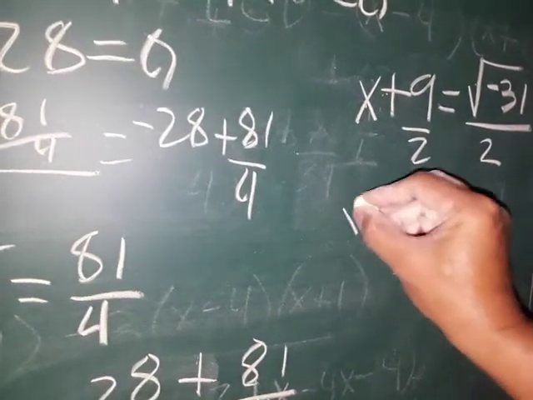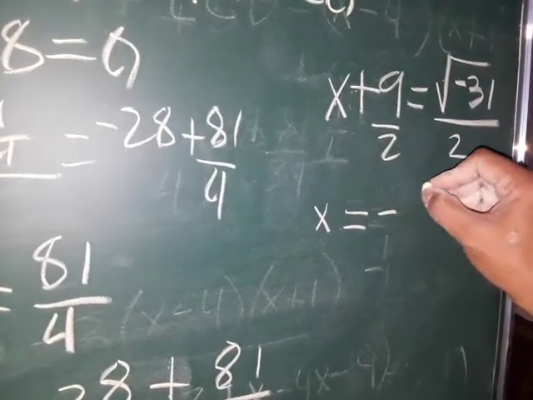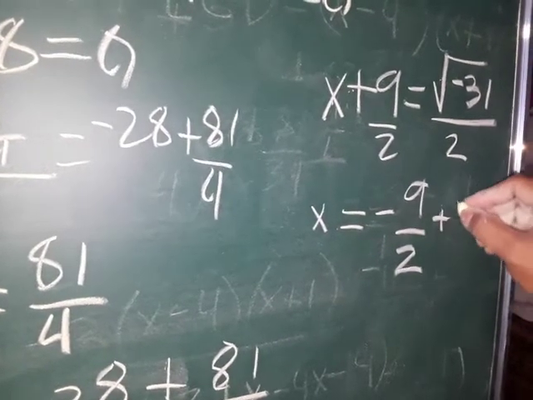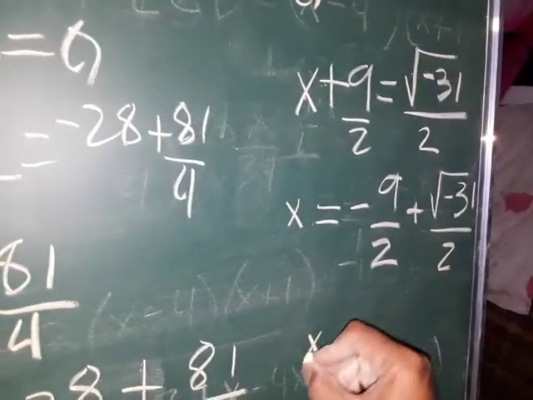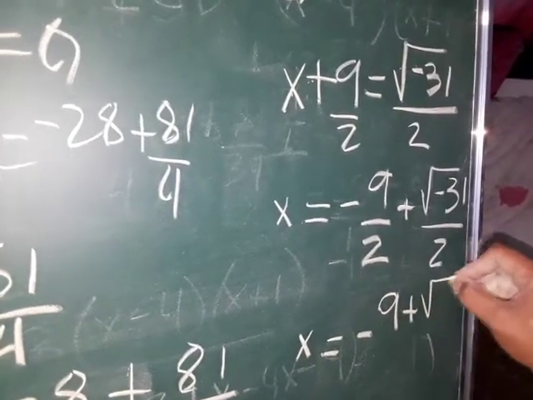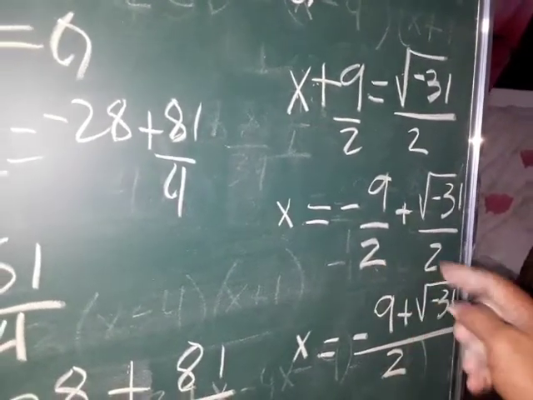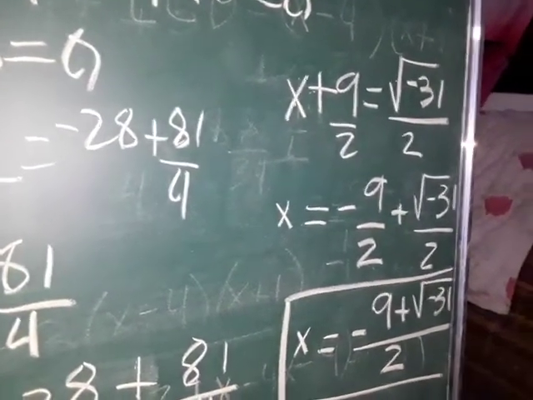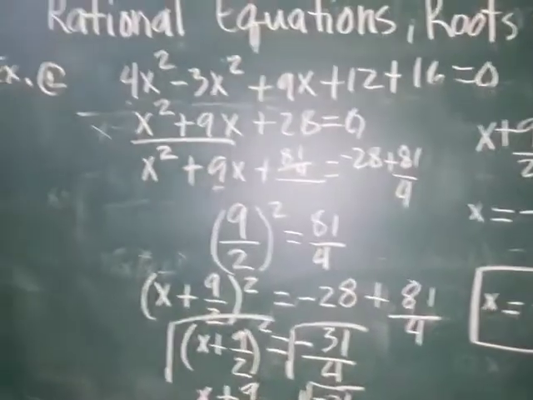X now, transpose natin, is equal to, positive becomes negative 9/2 plus square root of negative 31 over 2, or x is equal to negative 9 plus square root of negative 31 over 2. Since they are the same. So our x is this one. Okay, so that's our last example for rational equations.